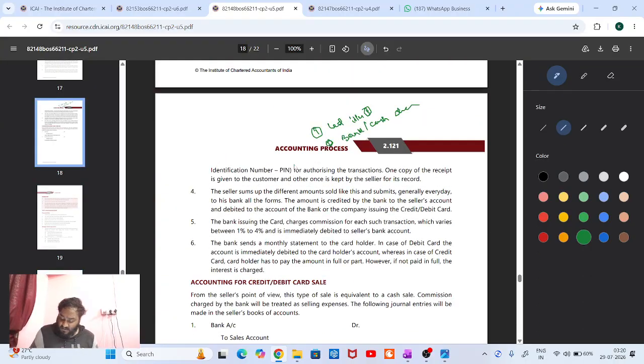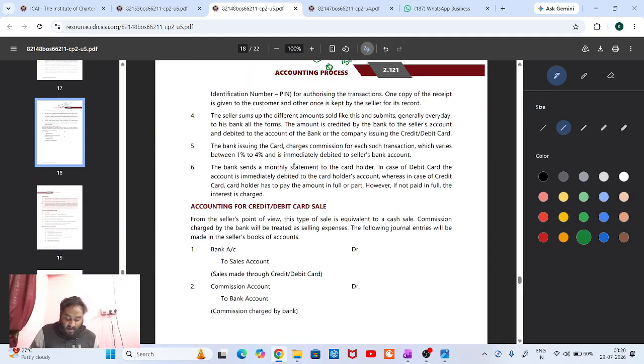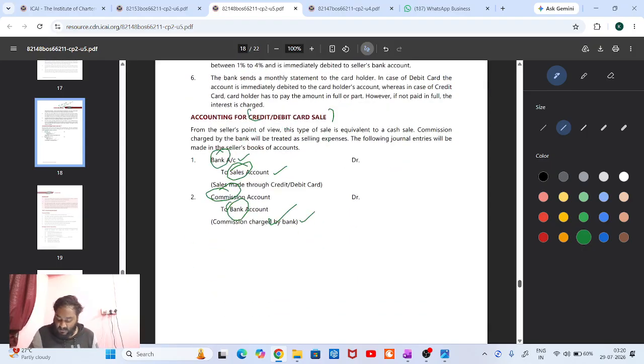Basically, this is common sense. Accounting for credit card and debit card sales: bank to sales. Whenever there is a credit card or a debit card, the bank account will be affected and the sales account will be affected. Commission account to bank account, whenever the bank charges us commission.